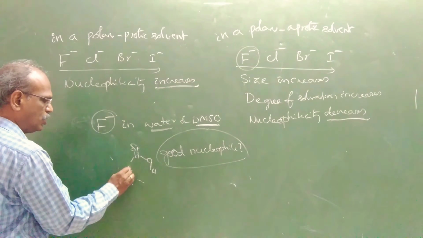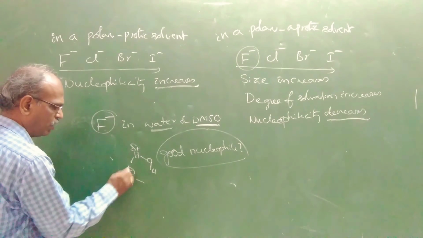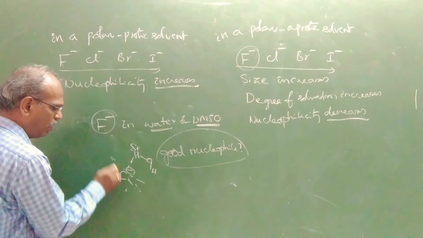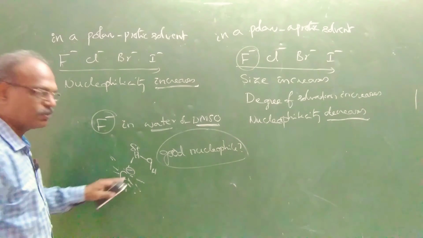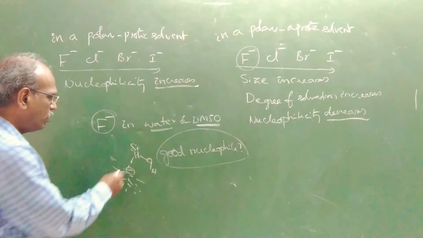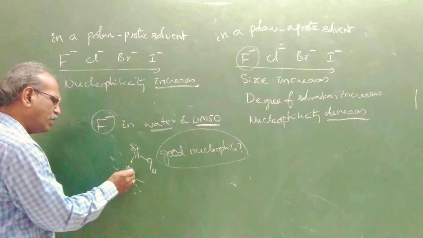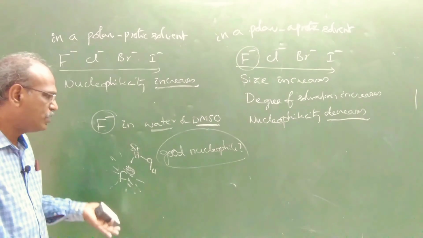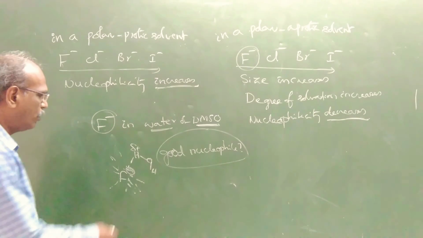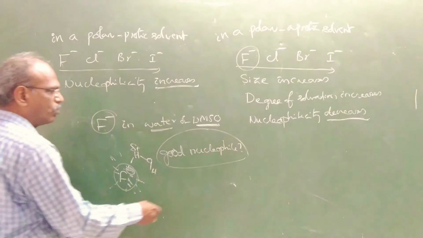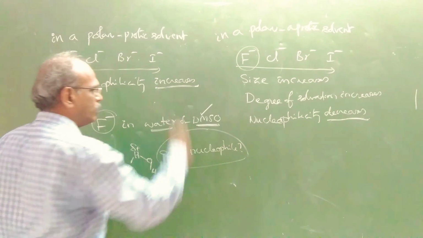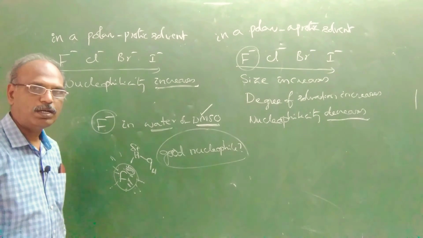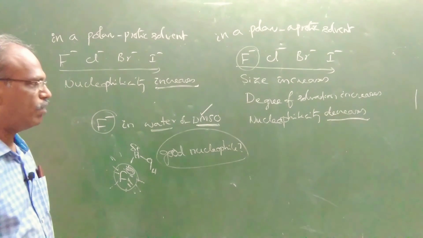Its negative charge is dispersed among several solvent molecules. Therefore, the relative magnitude of charge also decreases. Nucleophilicity decreases. Therefore, F minus is a good nucleophile in DMSO, a polar aprotic solvent.